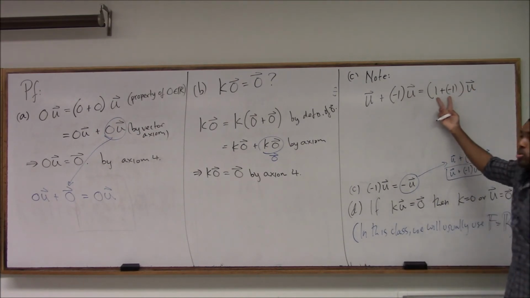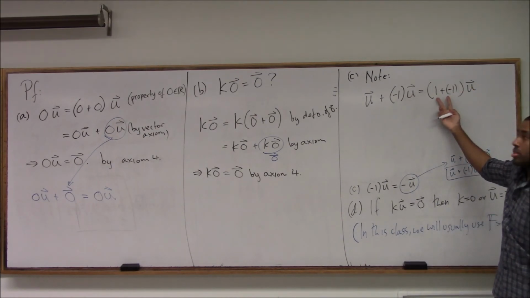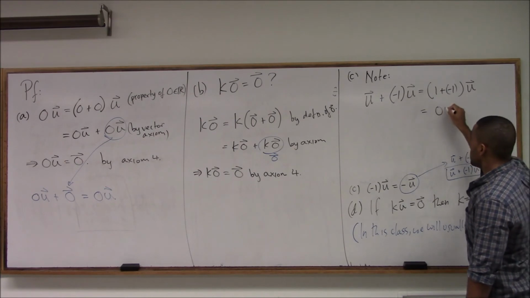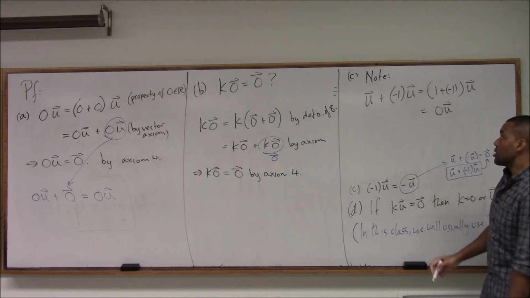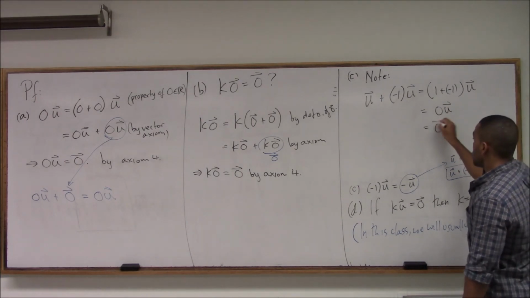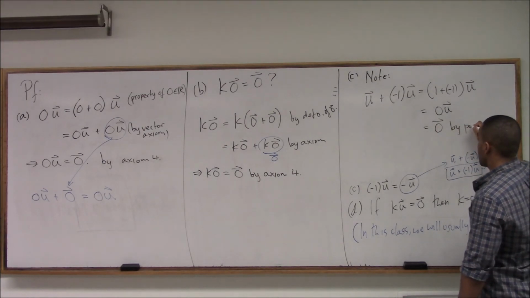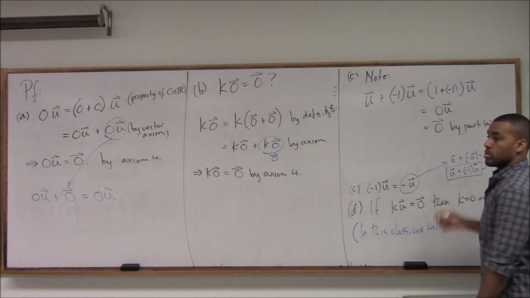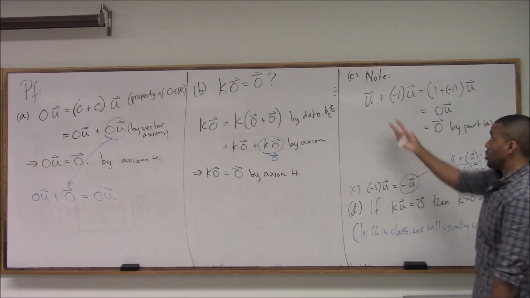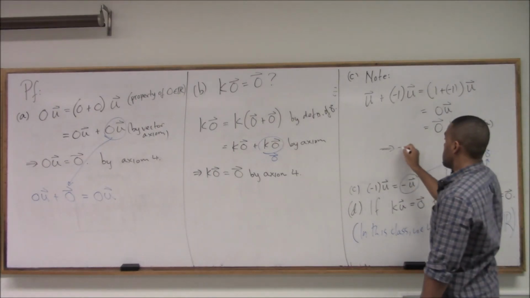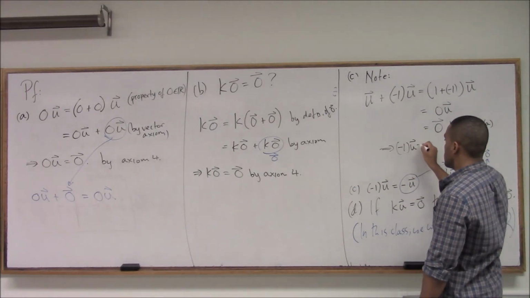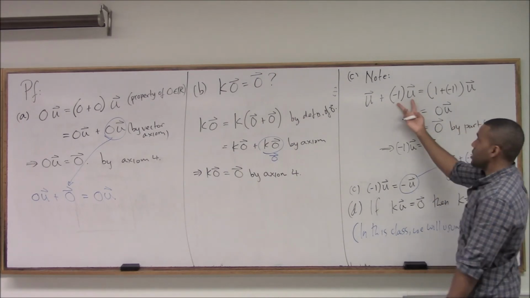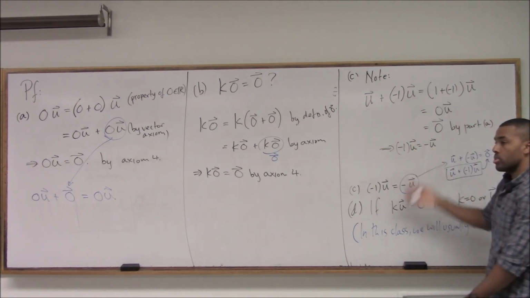Now remember, in here we're in the real numbers. So that's just 0 times u. But this is equal to the 0 vector by part A. And so that means minus 1 times u is the negative of u. It is the vector that if I add to this, I get 0.